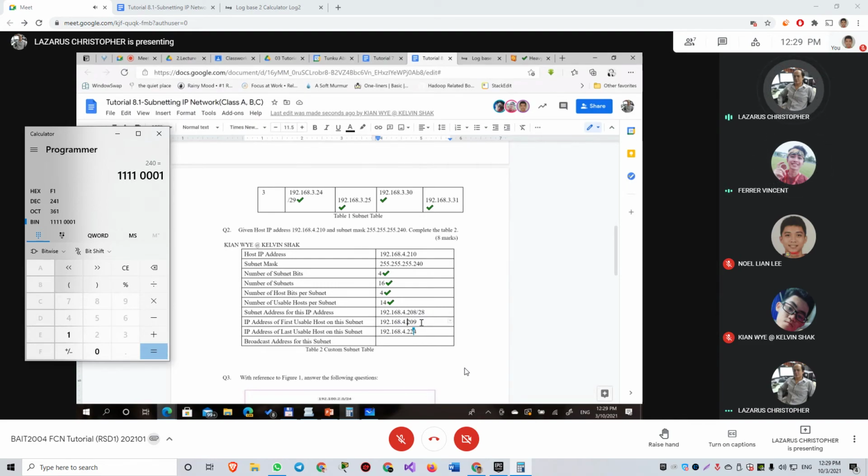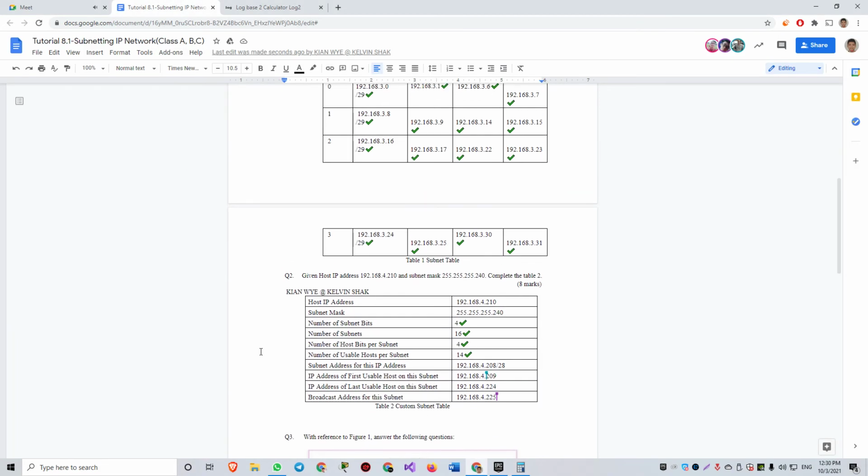The address before that next subnet address is your broadcast address. So it will be the next subnet address, 208 plus the magic number 16, is 224.